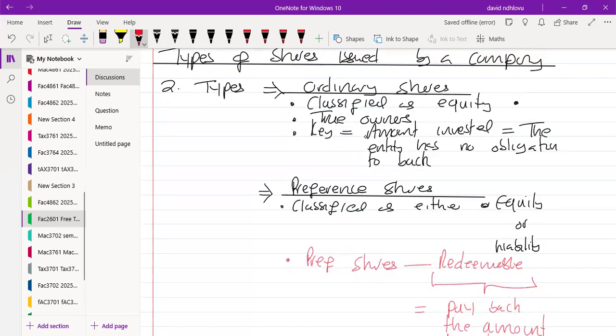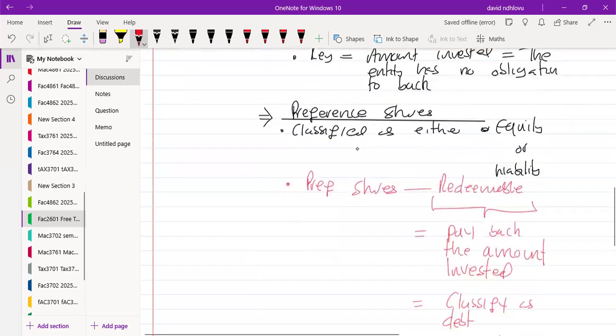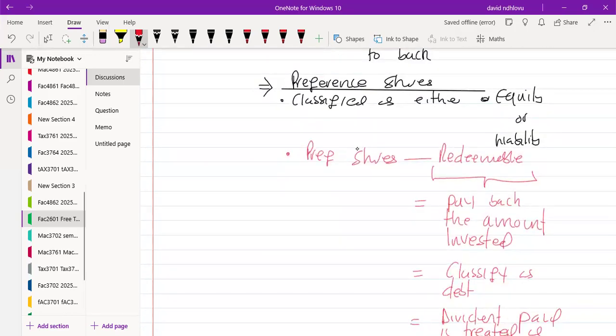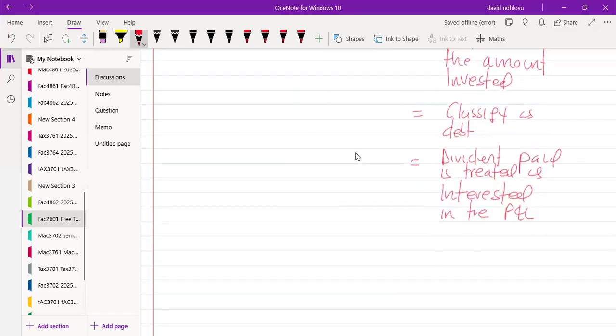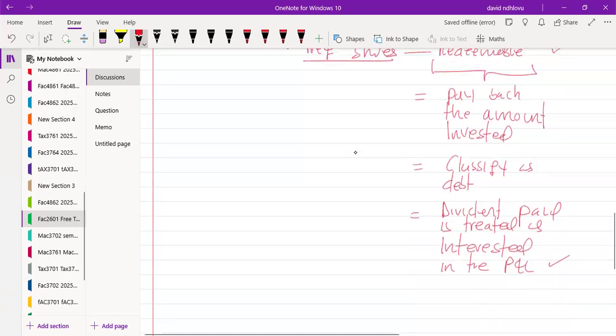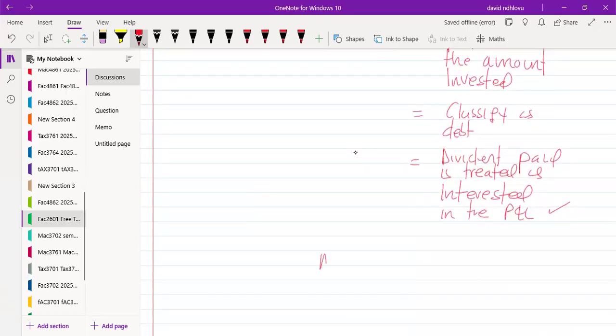But a dividend is not an expense of the entity. It is therefore not accounted for via the P&L account. However, there is going to be a difference if we now treat the preference share as a loan because it is redeemable, it has got a repayment debt. We don't treat it like an ordinary share. We treat it like a loan, which means the dividend being paid is converted or treated as interest in the P&L, and therefore it's going to go to finance costs, and we add it to any other interest that we have. A preference share can be non-redeemable.